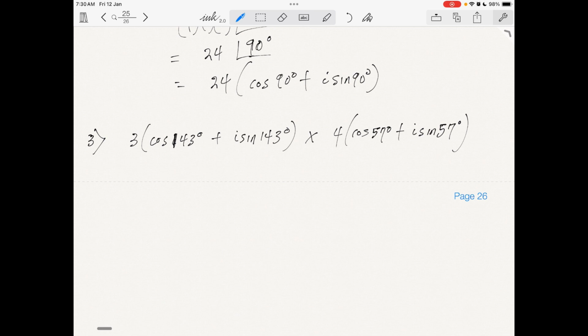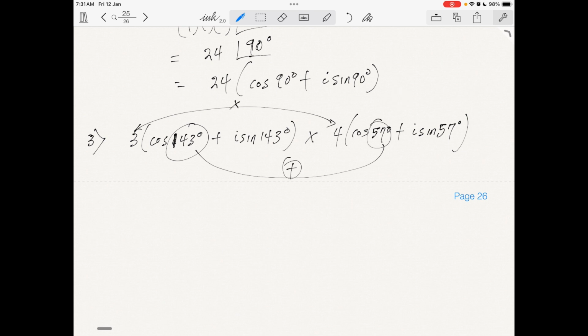The question here is, what is the mode of operation here? We are multiplying and it is in polar form. So all we have to do is multiply the r's and thereafter add the angles.